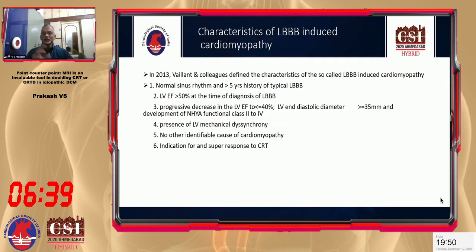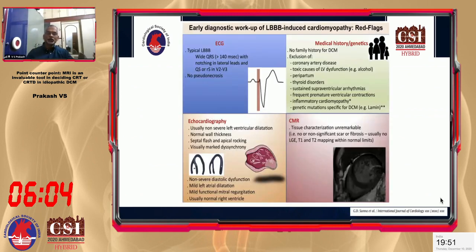Looking at LBBB-induced cardiomyopathy, in 2013 Vaillant and colleagues defined it: sinus rhythm for more than 5 years with typical LBBB, ejection fraction starting at 50%, and then over a period of time it starts worsening, with increasing LV diastolic diameter, worsening LV function, NYHA class, and mechanical dyssynchrony. This would be an indication for CRT with a super response to CRT. So that is LBBB-induced cardiomyopathy.